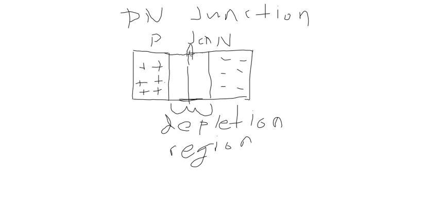And because before I put the 2 regions together, each one was neutrally charged. There were as many protons in the N region as there were electrons. There were as many protons in the P region as there were electrons. So when I put the 2 regions together and the electrons move over and fill in the holes, that leaves a voltage developed across that junction, or across that depletion region, plus to minus that way.